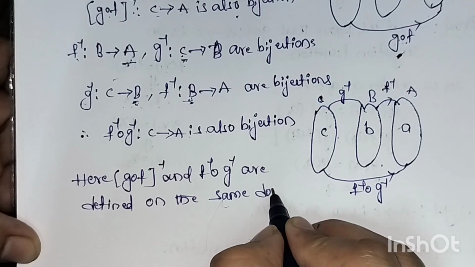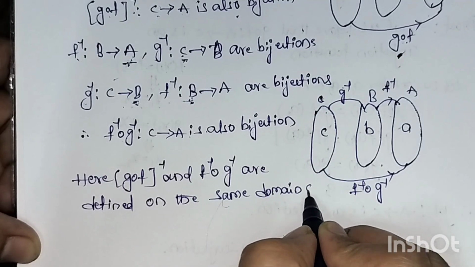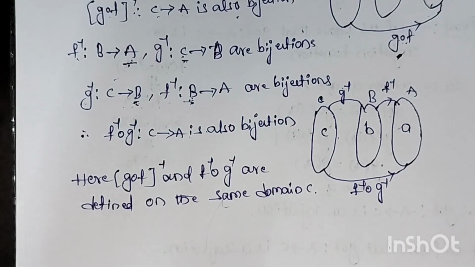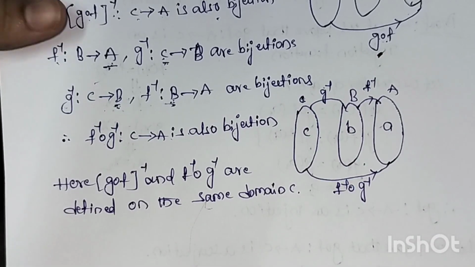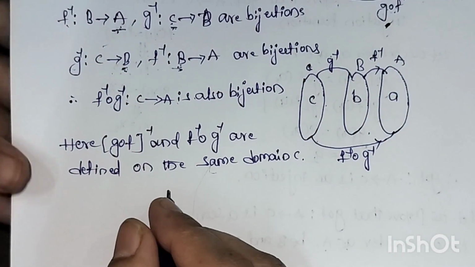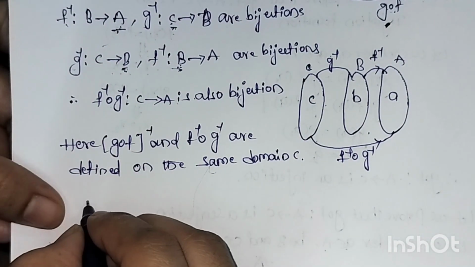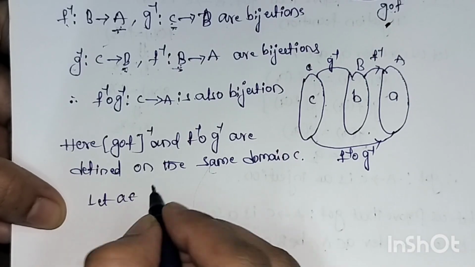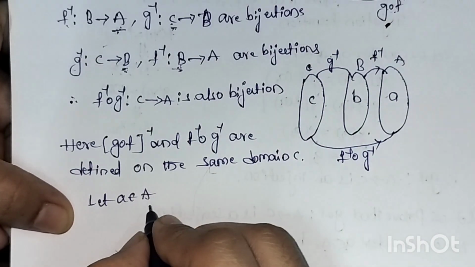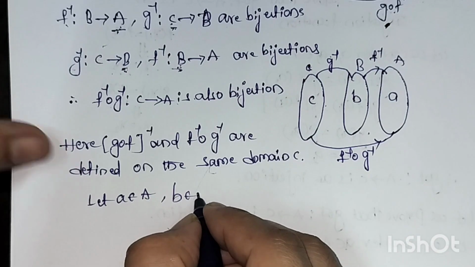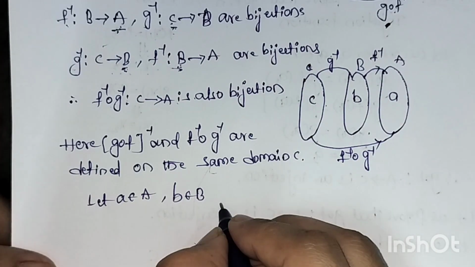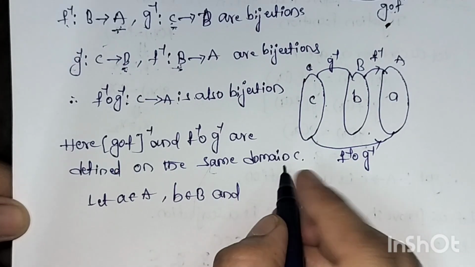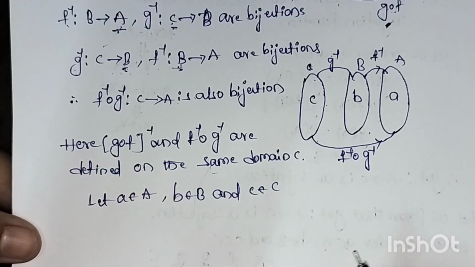Same domain C. Let small a belong to capital A, small b belong to B, and small c belong to C.